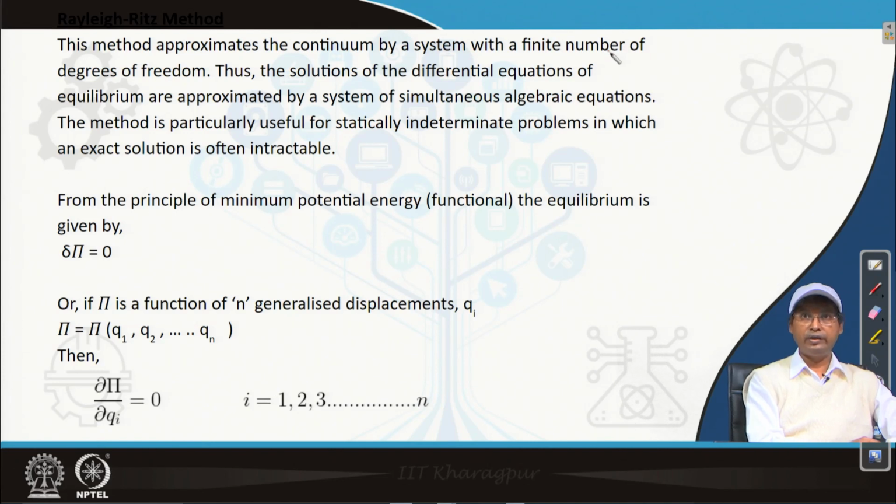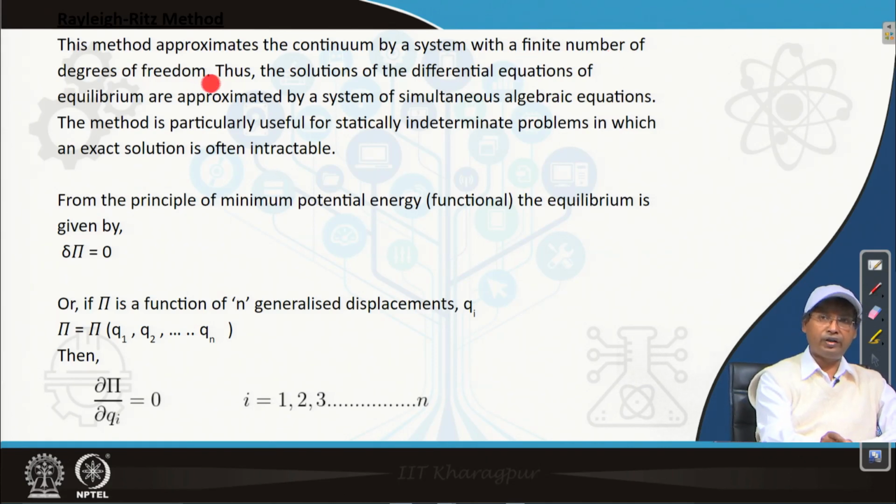So, we will always discuss in the purview of solid mechanics and structural analysis. What we are considering is a structure which as such has continuity, or is a continuum, and it is broken down into a finite number of degrees of freedom.